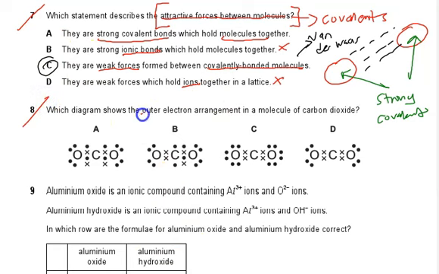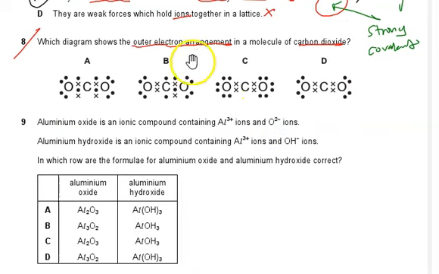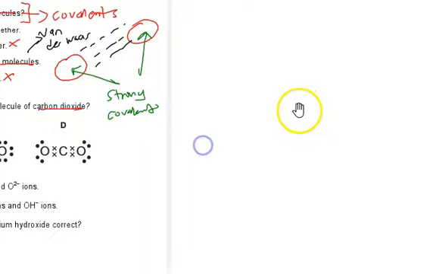Which diagram shows the outer electron arrangement in a molecule of carbon dioxide? Okay, now let me draw the Lewis structure here. So this is the Lewis diagram for carbon dioxide.